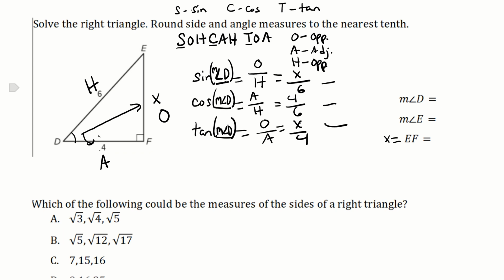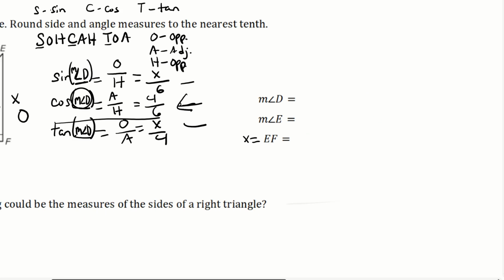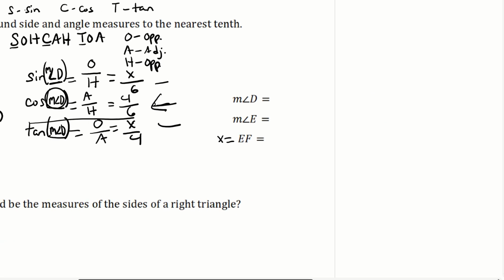The best one is cosine because we know both sides, 4 and 6. In the other two, we don't know one side, X. So it's best to use this equation, because that gives us one unknown, the angle.